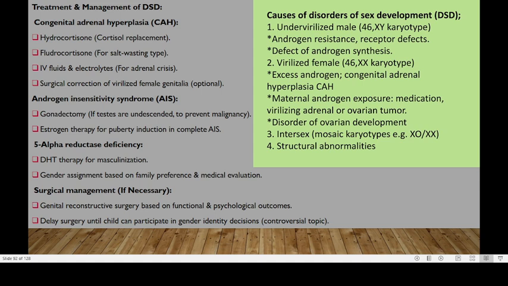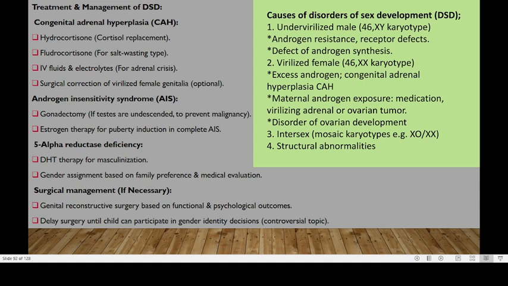For androgen insensitivity syndrome, we could do gonadectomy if testes are undescended to prevent malignancy, and also estrogen therapy for puberty induction in complete AIS. For 5-alpha reductase deficiency, we could do testosterone therapy for masculinization, with gender assignment based on family preference and medical evaluation.